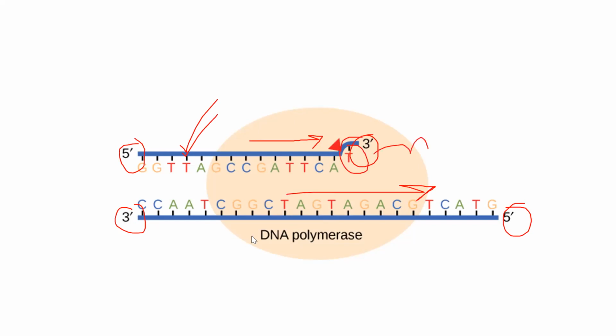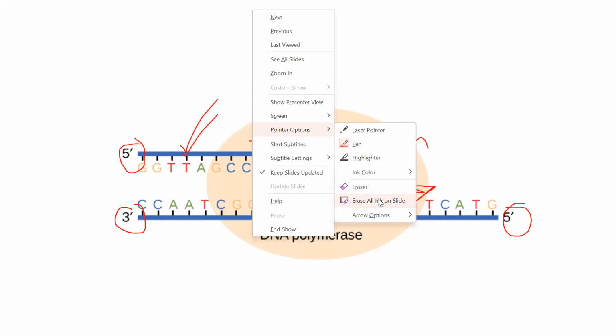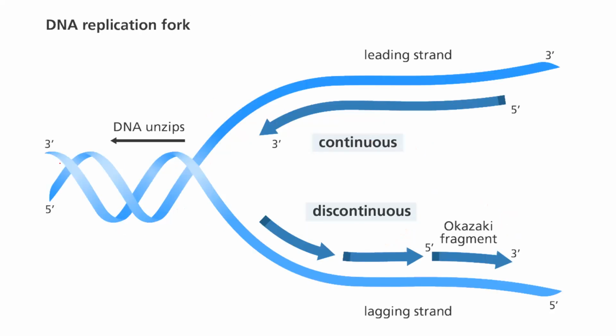This is basically what ends up happening. Because it's a continuous strand, this is how it's happening, right? I just told you that this whole area is called the replication fork, because replication is occurring and it looks like a fork.